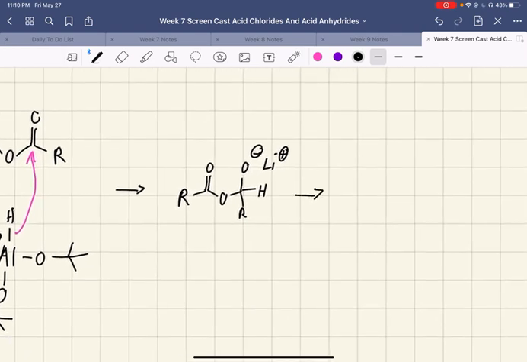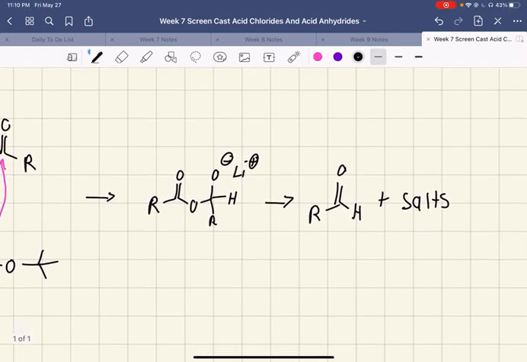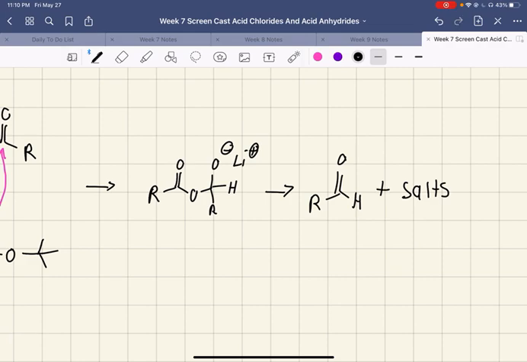And next, it'll expel and create this aldehyde plus salts, lithium and aluminium salts. So that was that mechanism. And that was all we'll talk about in the reduction.